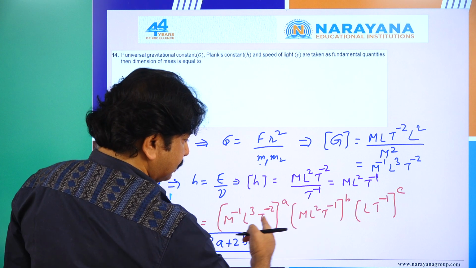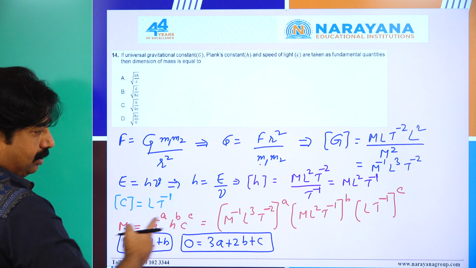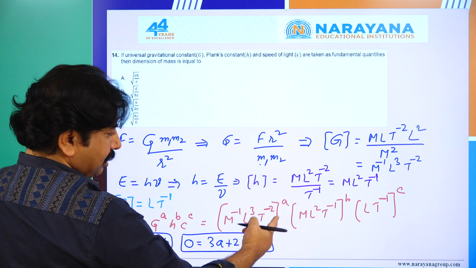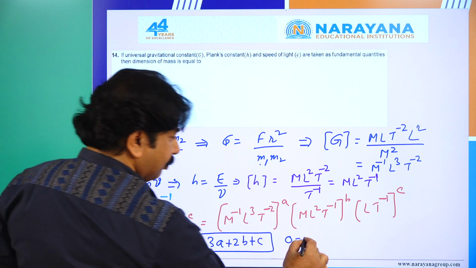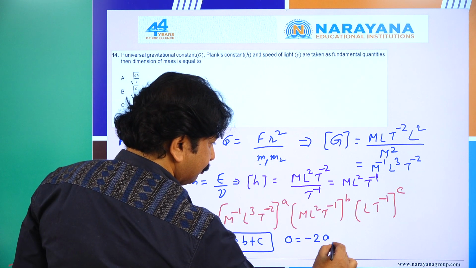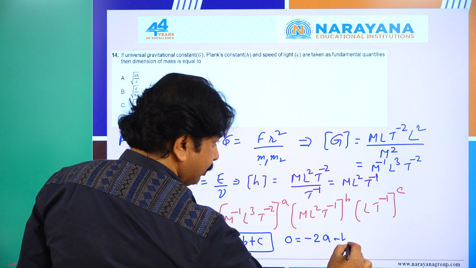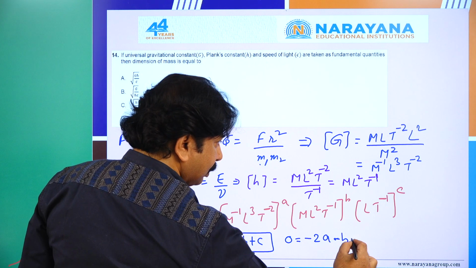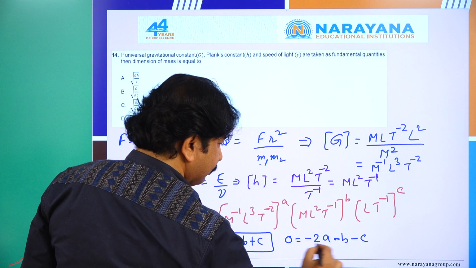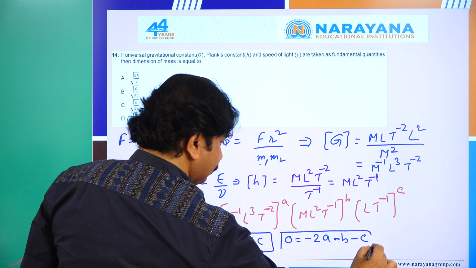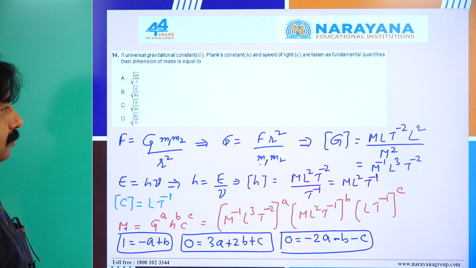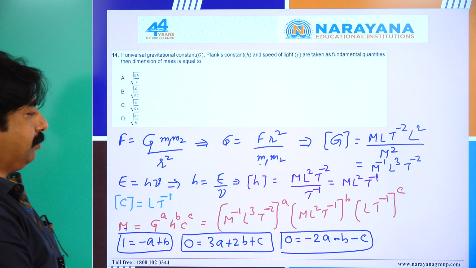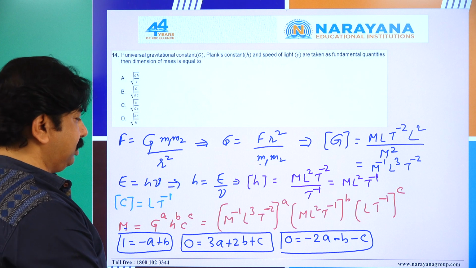Now last one, t power 0 on this side, 0 is equal to powers of t, minus 2a minus b minus c only.